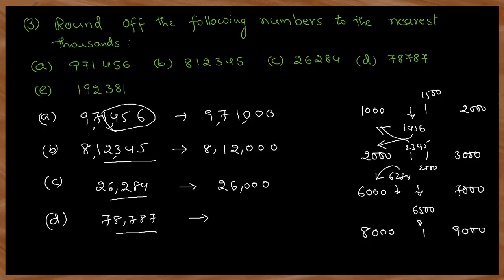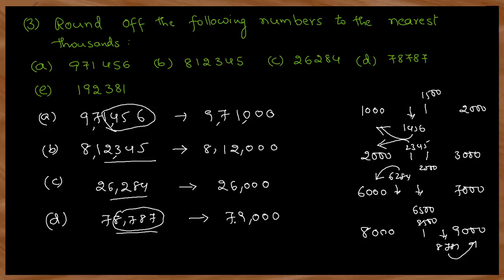Middle number is 8,500, but here it is 8,787, which lies somewhere here, nearer to the 9,000. Now you have to convert this as 79,000, because the nearest thousand of 8,787 is 9,000. So change this total number to 79,000.